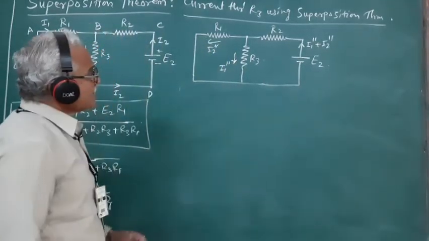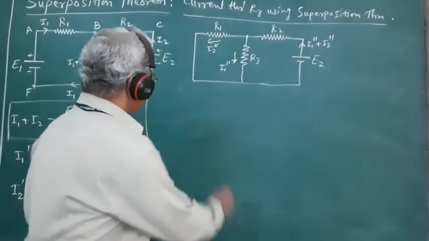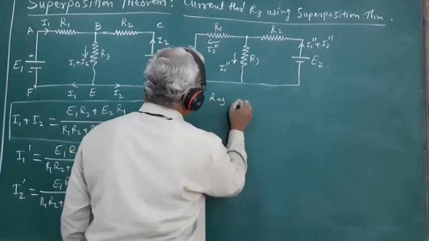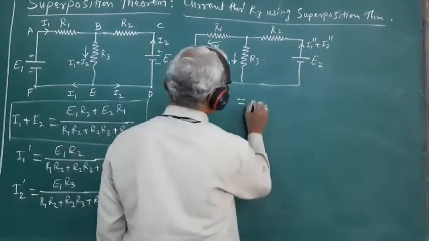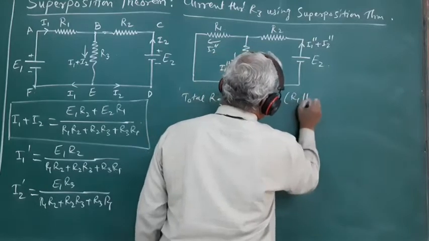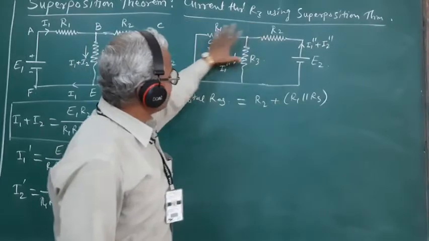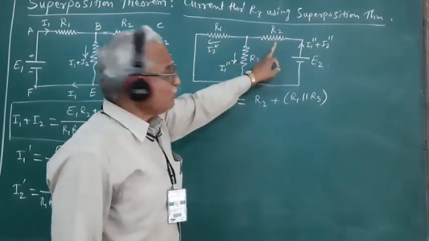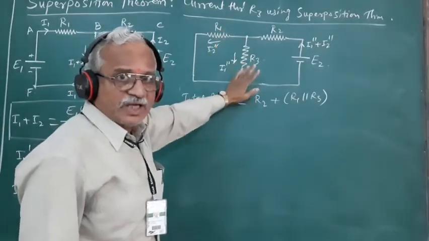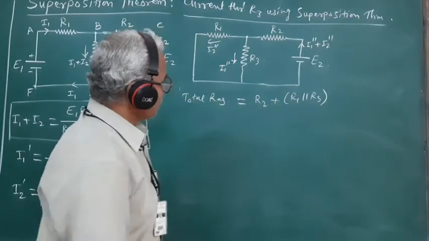So for that purpose, we must first know the total resistance of the circuit. Total resistance of the circuit is equal to R2 plus R1 R3 upon R1 plus R3. Here we observe that the total resistance in the circuit is the series combination of R2 and the parallel combination of R1 and R3. So this is the total resistance of the circuit.